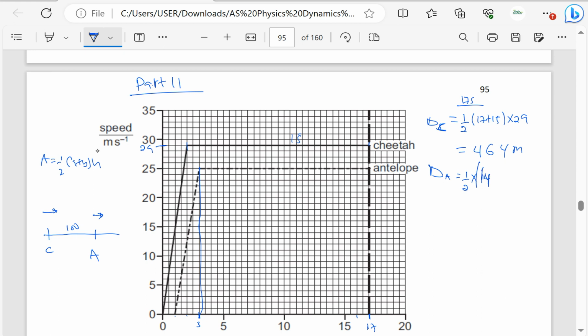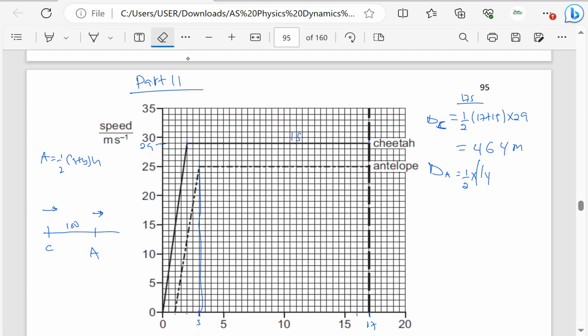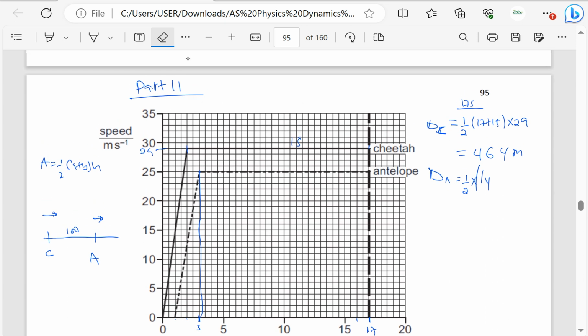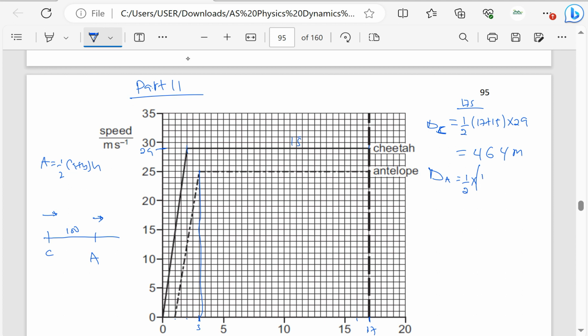The bottom side is from 17 to 1 second, so 17 minus 1, which is 16. Then the height is 25. So it is a half times 14 plus 16, times 25.